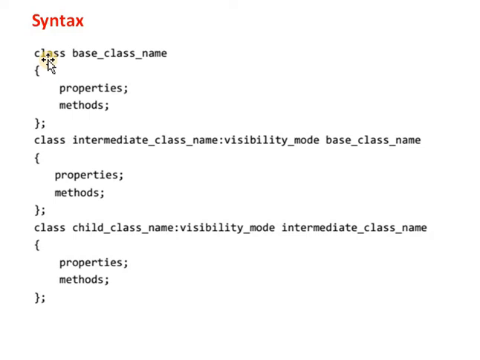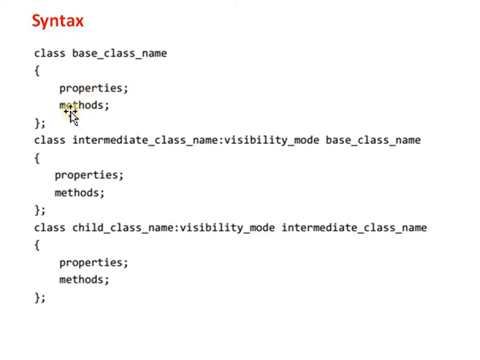By using the class keyword, after the class keyword we specify the base class name. Then in that class definition, the properties and methods, that is, functions, of that particular class are defined. This is the class definition for the base class.